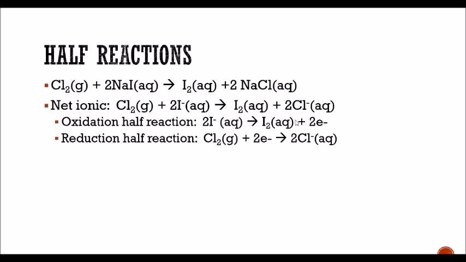Now the charge is -2 on both sides. And that's what we want. We want the charge to be balanced, not necessarily 0 on both sides, but balanced. In the reduction half reaction, we've got chlorine, Cl2, going to 2 chloride ions. Total charge is -2 over here, so I put the 2 electrons on this side to balance it out.